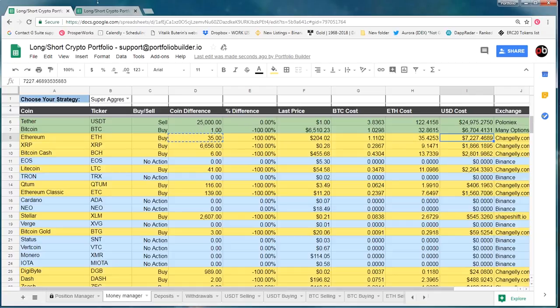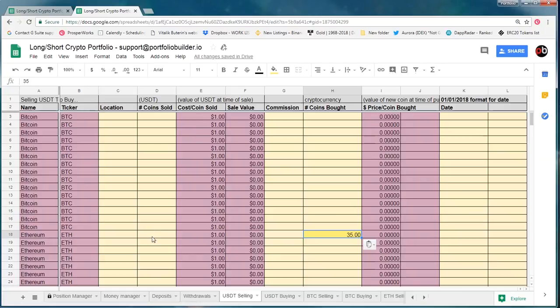Now if you were doing this, you'd actually get the real cost from your exchange. And the commission cost can be 0. At this point, we bought our Tether for $1, we sold our Tether for $1, so there's no profit. So the date here is really to track when you first bought this Ethereum coin.